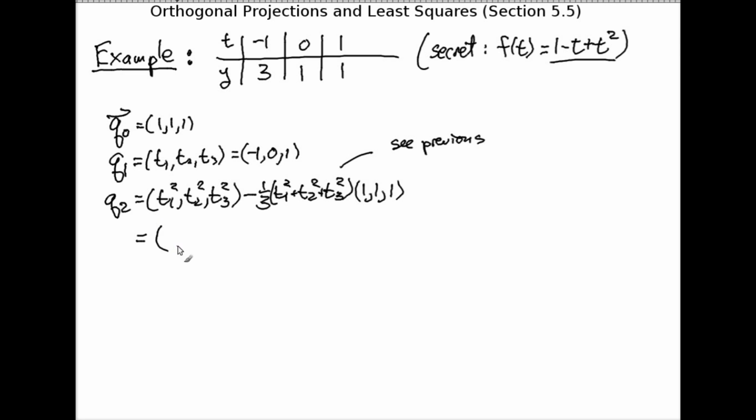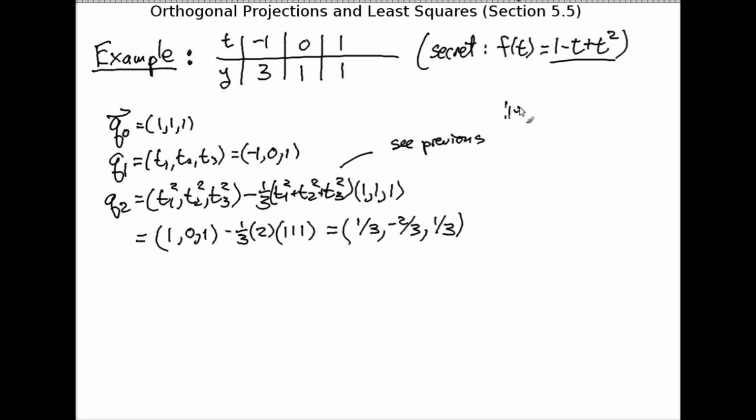So that is equal to 1, 0, 1 minus 1/3 times 2 times 1, 1, 1, which is to say 1/3, minus 2/3, 1/3. Okay, so that's Q2.